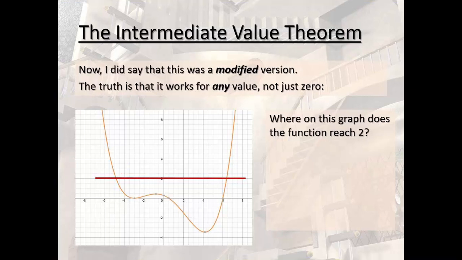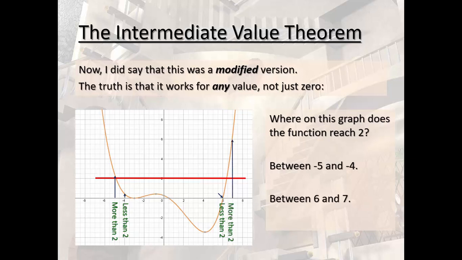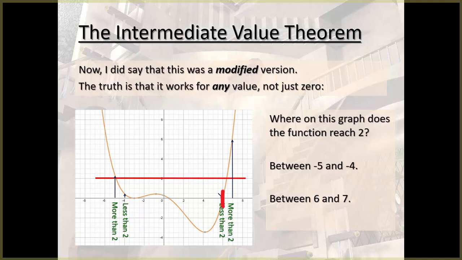So we know that somewhere between -5 and -4 it hits that sacred value of 2. Then we do the same thing on the other side, and we see that here's 6, and 7 is way over here, so we know that it hits 2 somewhere between 6 and 7.